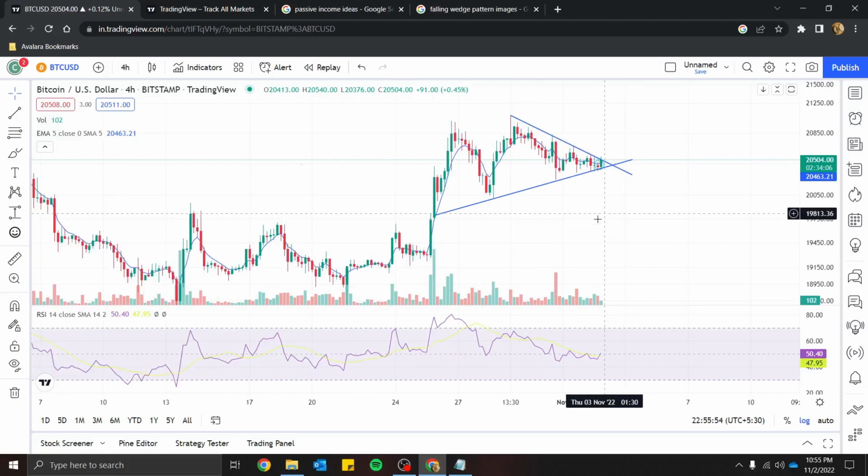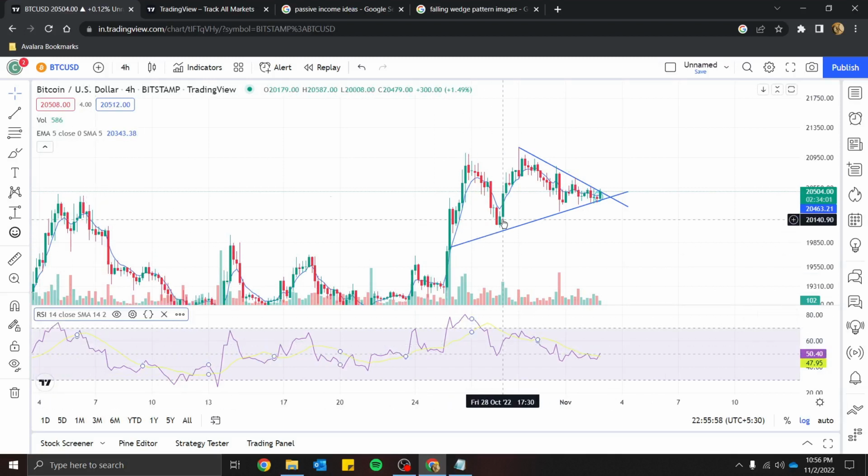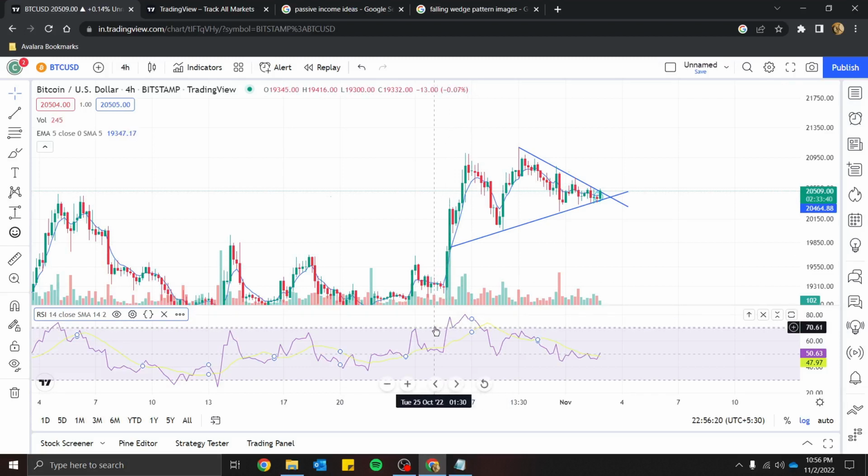So let's start with the RSI indicator. This is the RSI indicator. The full form of RSI is relative strength index. This indicator basically shows the strength of the people versus the price action. If the RSI is above 70, at any point above the 70 range, the indicator tells us that the market is in the overbought range.